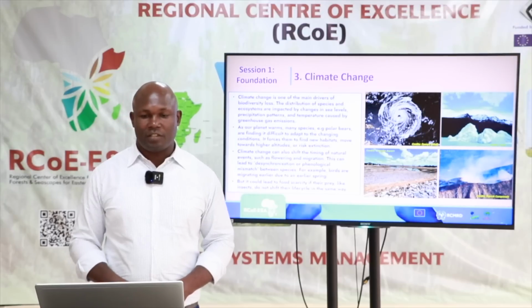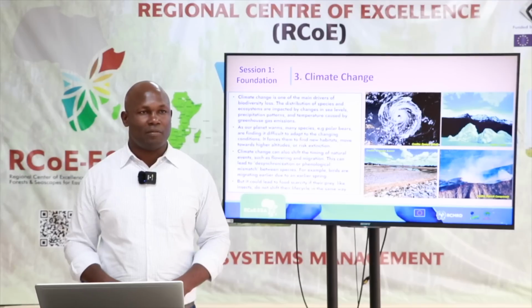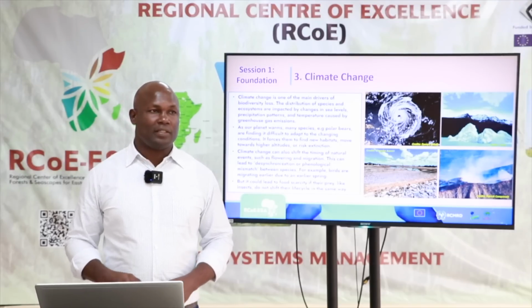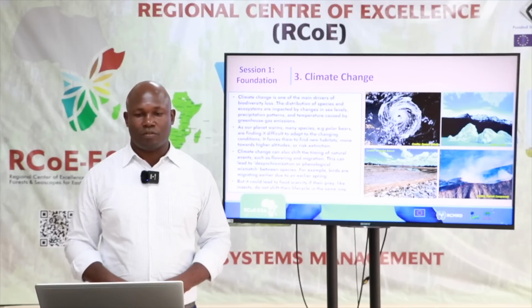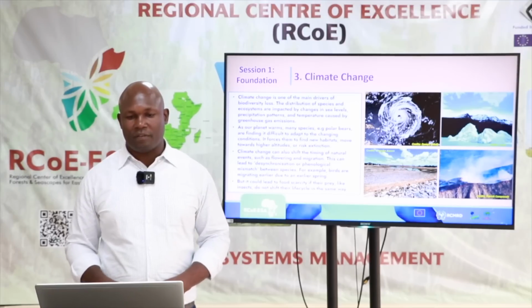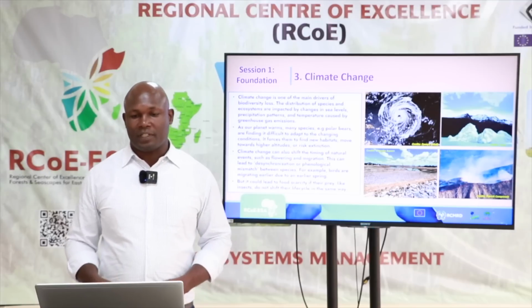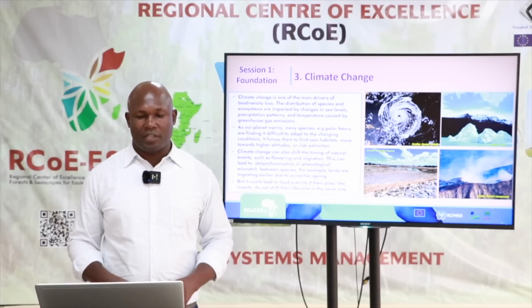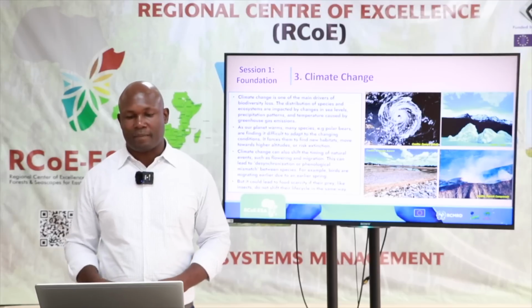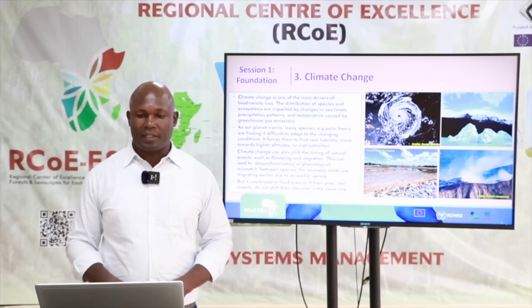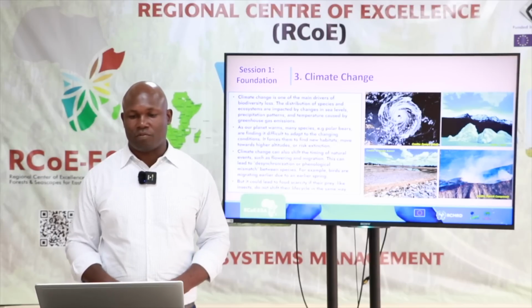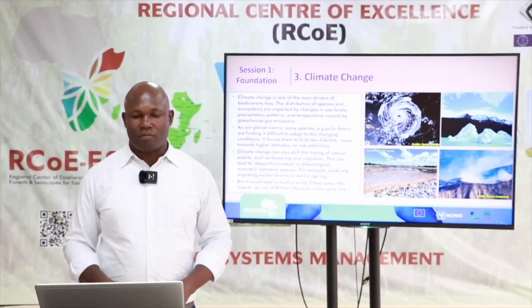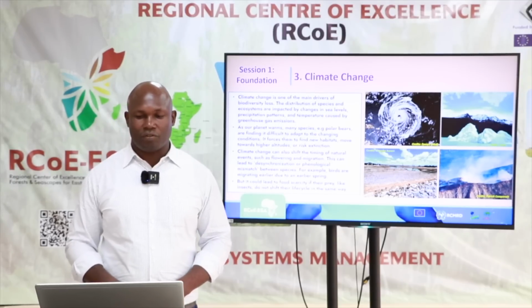Talking of climate change, we are releasing carbon dioxide into the atmosphere, causing the warming effect. The warming effect results in a number of issues, including the melting of glaciers or ice at the poles, resulting in storms and desertification, among other related challenges.